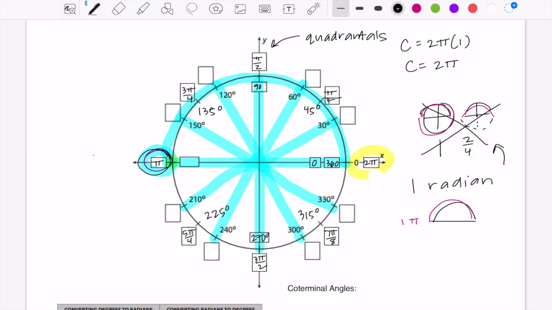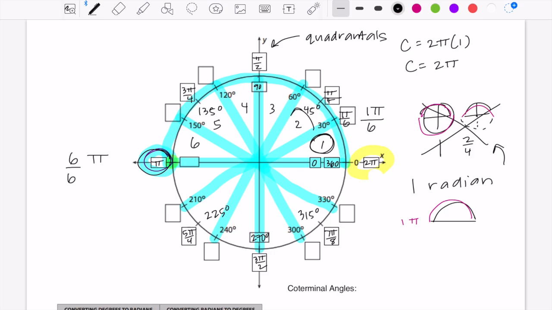This right here is pi, and I have 1, 2, 3, 4, 5, 6 pieces. So this is really 6 out of 6, which reduces to pi. So if that's 6 out of 6, that means 6 equivalent pieces, and this one is 1 out of 6. That's going to be 1 pi over 6, or just pi over 6.